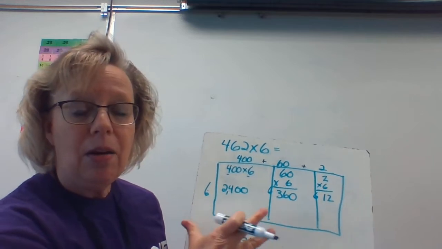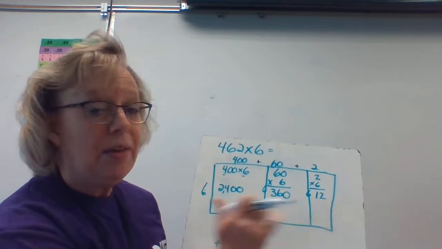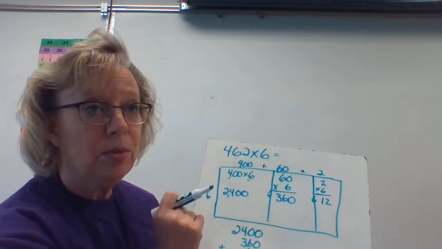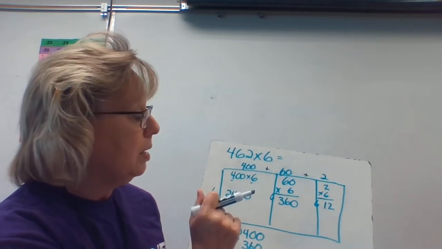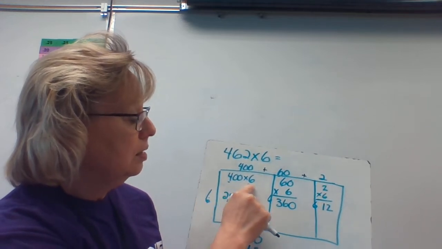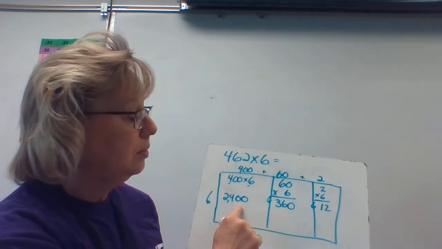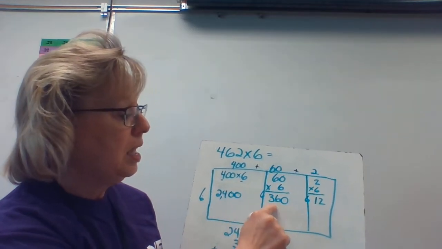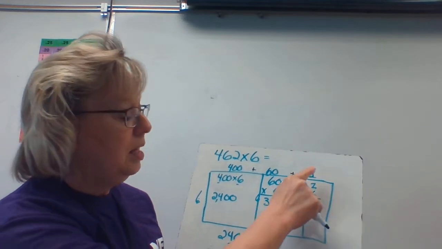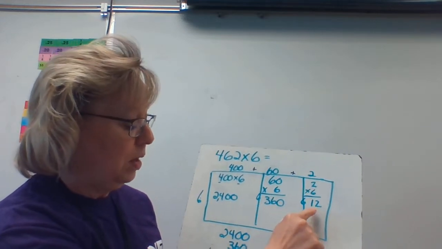This time, my area model, I'm going to have 3 boxes of area because I have 3 numbers I'm multiplying by. So my first equation will be 400 times 6, which was 2,400. Then I'm going to have 60 times 6, which is 360. And then we're going to have 6 times 2, which is 12.